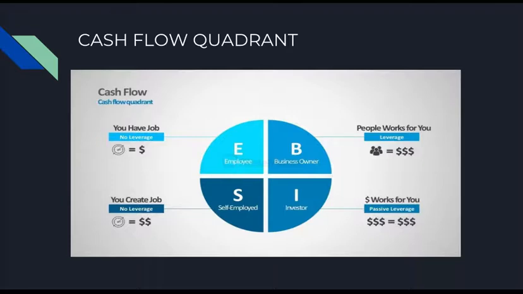But here's the thing. Most of us within the employee quadrant and the self-employed quadrant have to go through banks in order to pay our bills, to maintain our daily transactions, and in order to survive within our economy. And so we have to go through banks. And we store our money within the banks. But what do the banks do? They're the ones that invest our money into big businesses and into investing into stocks and crypto.